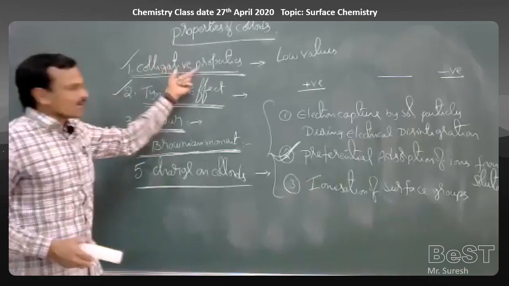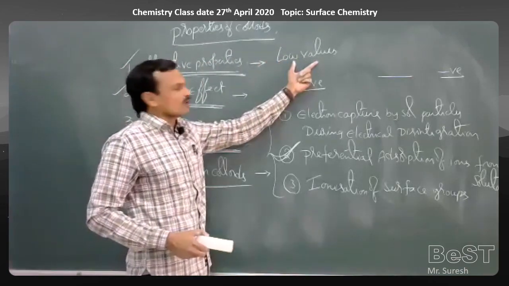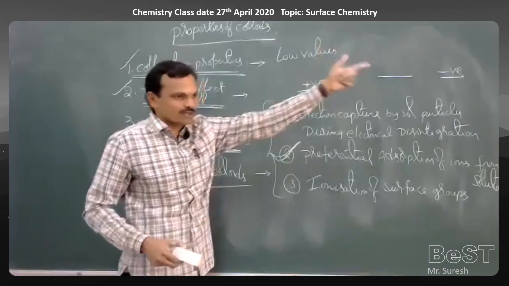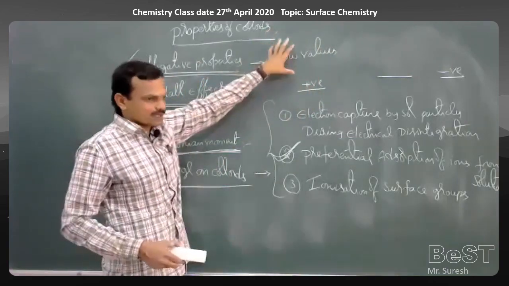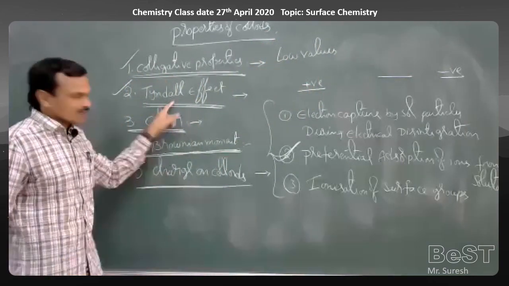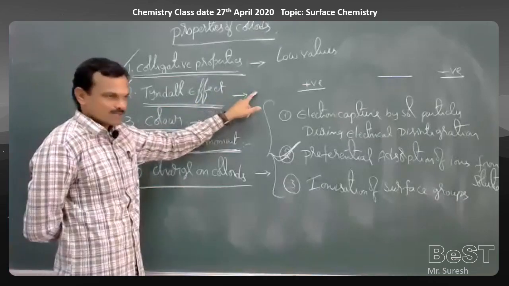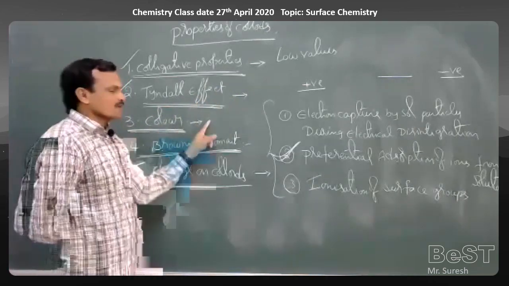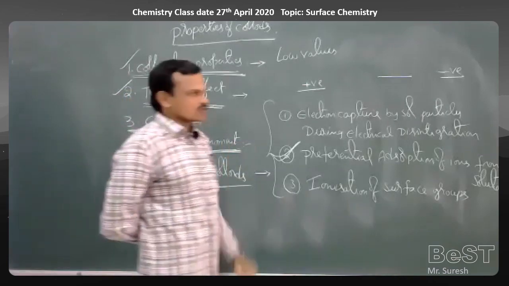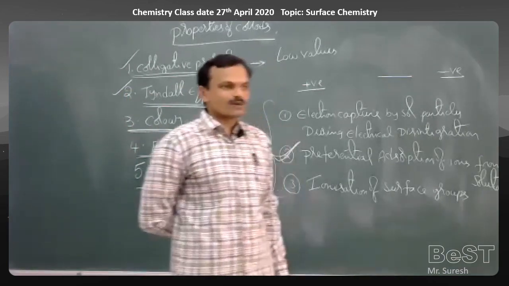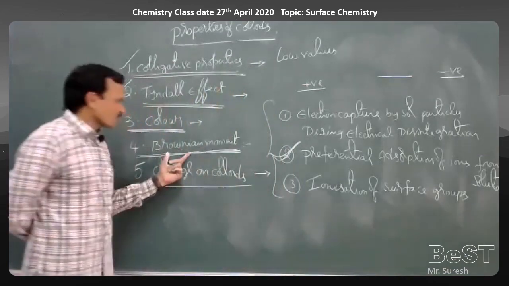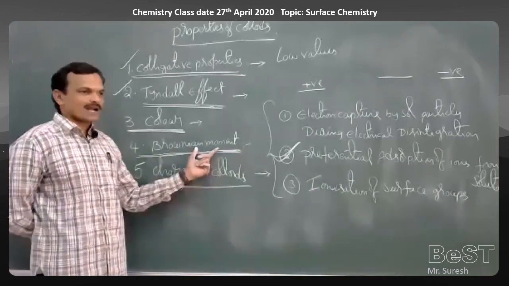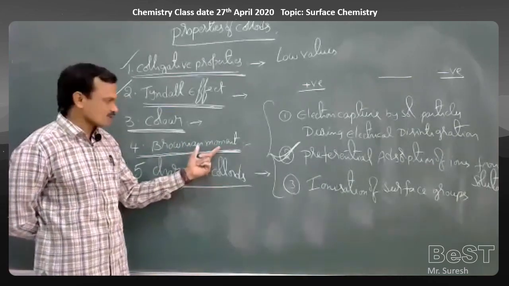Now come to the properties of colloids. Colligative properties are very low for colloidal solution compared to true solution, because the number of solute particles is less here. Tyndall effect is nothing but scattering of light by colloidal particles. Color depends on two factors: the nature of the light source and the size of colloidal particles. Brownian movement is a zigzag random movement of colloidal particles in a colloidal solution.